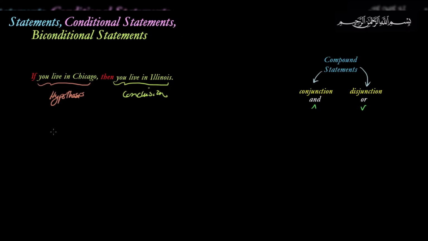Symbolically, we represent it as: if P, then Q. Here P represents the hypothesis and the conclusion is represented by the statement Q. You simply write P goes to Q like this.